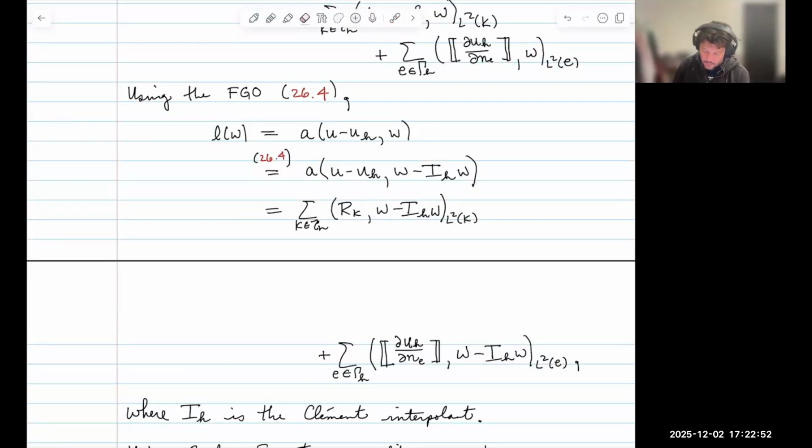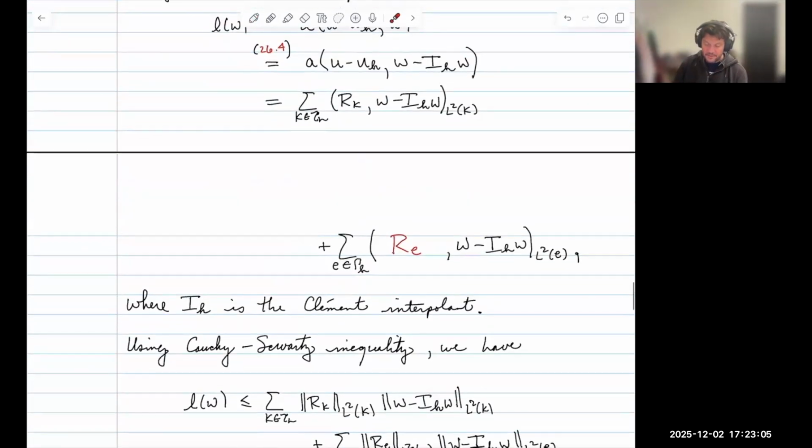This guy here should have just been written as RE, right? All right. Now what are we going to do? This is the Clément interpolant, right? So let's apply Cauchy-Schwarz and then apply the error estimates for my Clément interpolant.